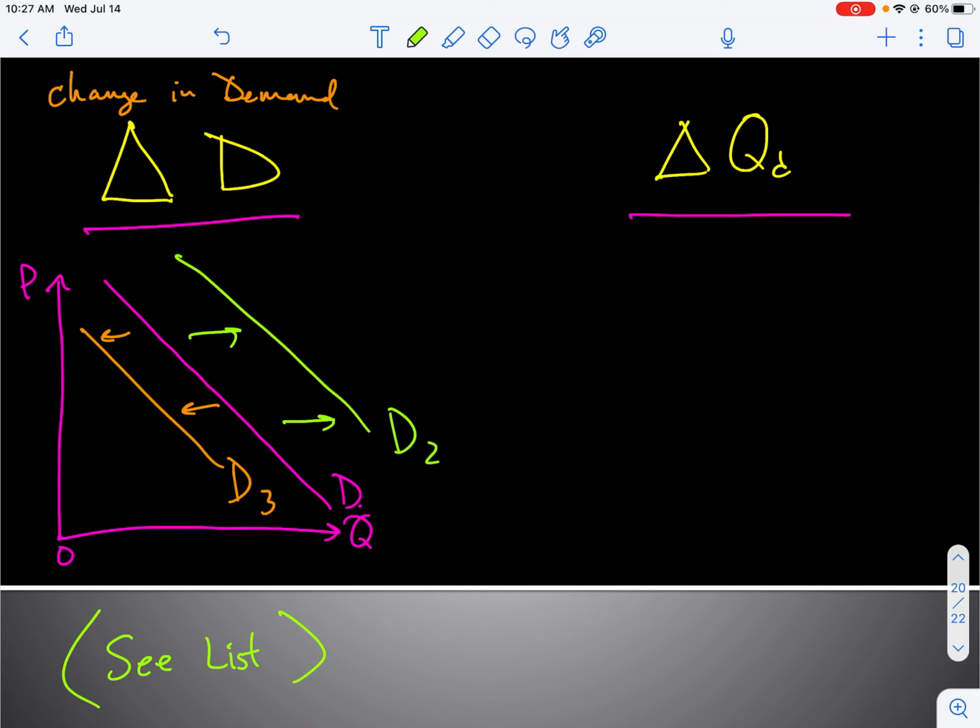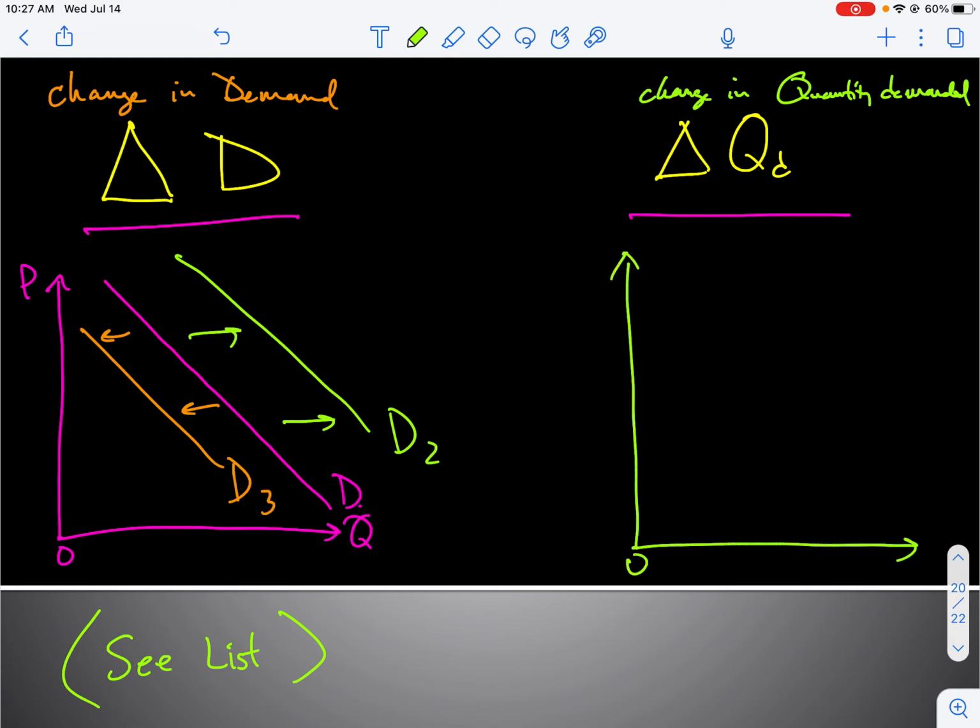Now, we've got to distinguish that from this other situation, a change in quantity demanded. That's delta QD. A change in quantity demanded is much simpler. Here's our demand curve. What's our demand curve made up of? It tells you the quantity demanded over a whole range of prices.